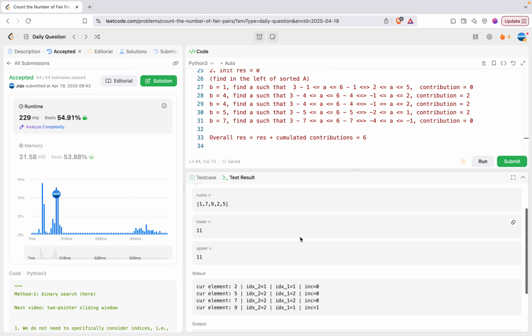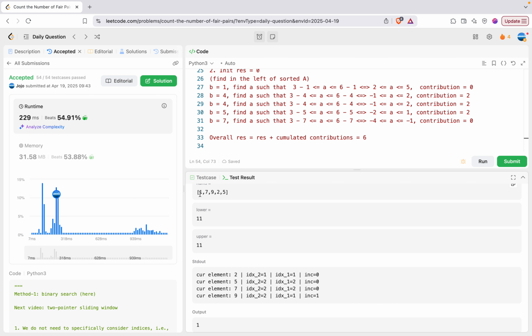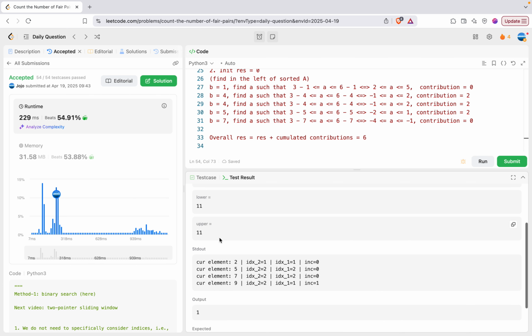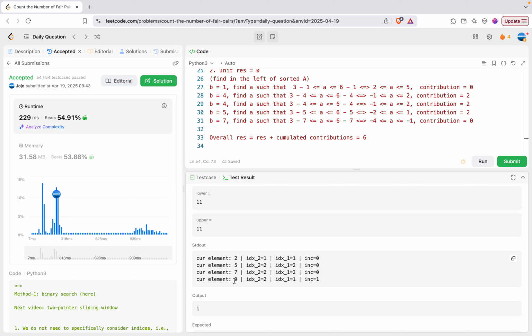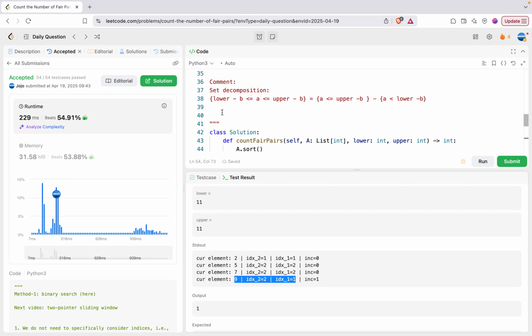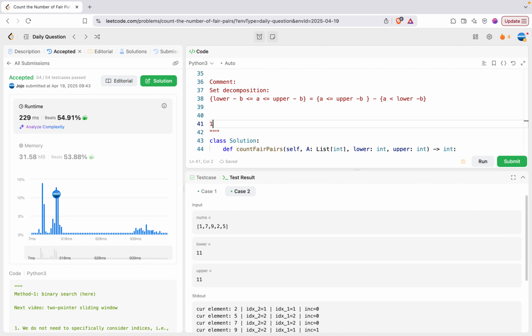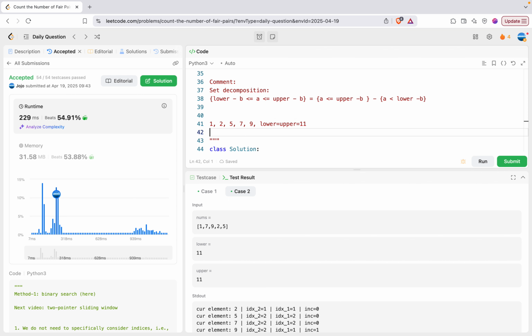For the second example, after you sort, that will be 1, 2, 5, 7, 9, right? So it's only this one that contributes one number. Let's see, you will have 1, 2, 5, 7, 9, right? The lower bound and upper bound are both 11, right?